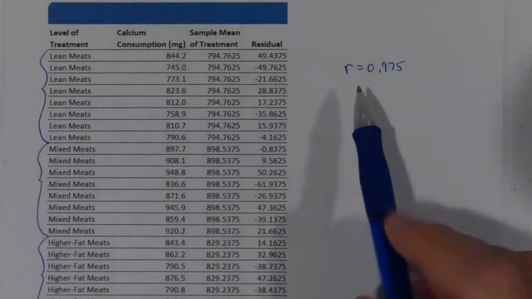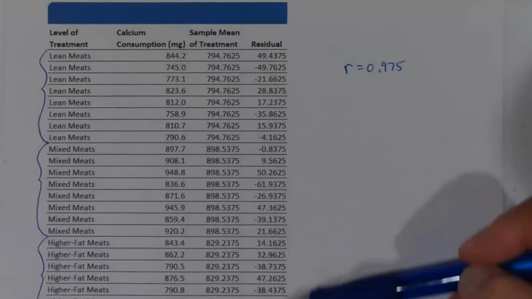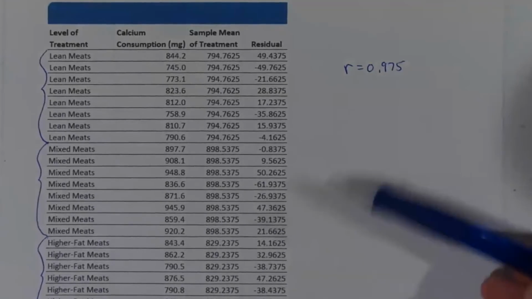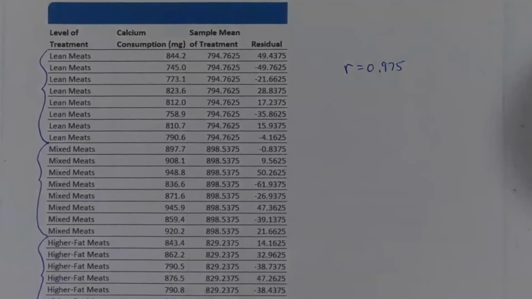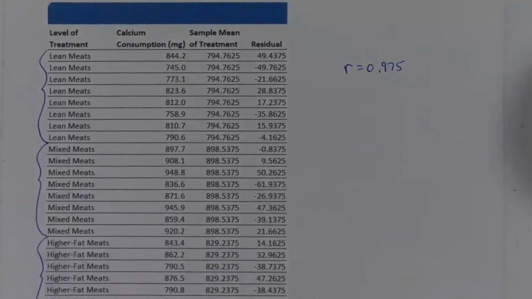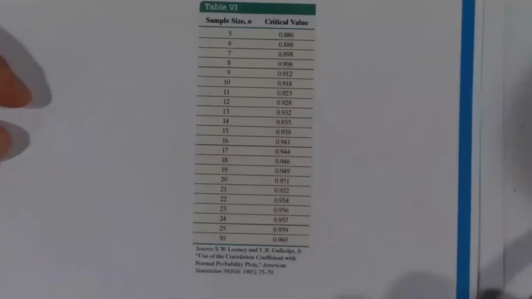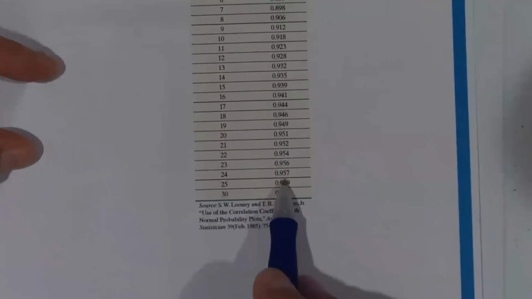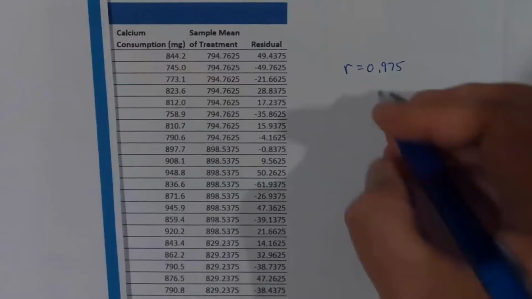So the correlation statistic for the QQ plot for these 24 residuals is 0.975. Now, if I compare that to the critical value, if I have 24 data values, the critical value is 0.957.